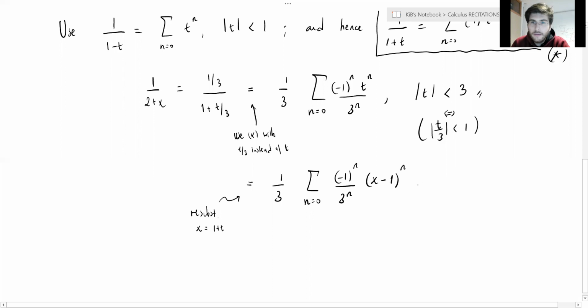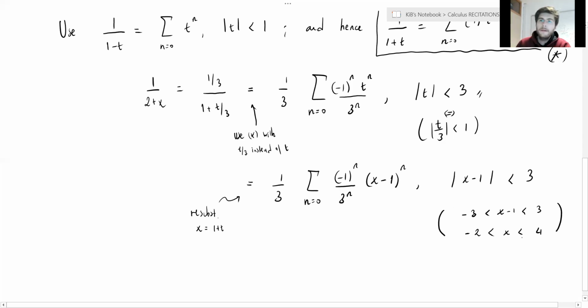Aha, this is exactly what we want, with this less than 3. Of course, we should manipulate this one. This part, maybe we should be careful. This is exactly, so let me write it down, something like this. So add 1: x is between minus 2 and 4.